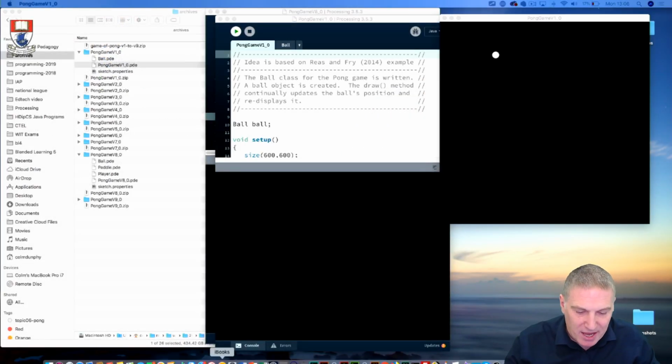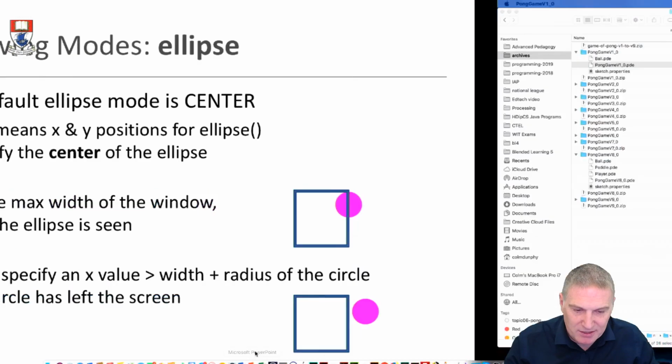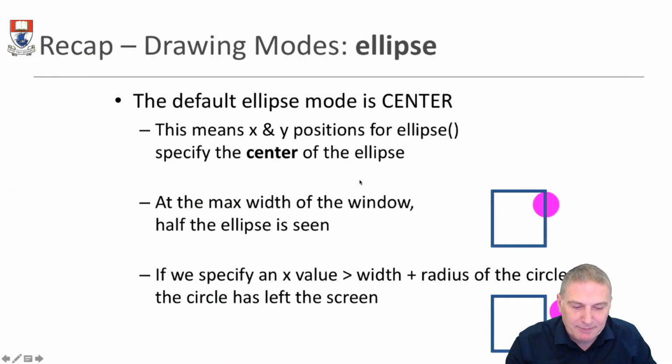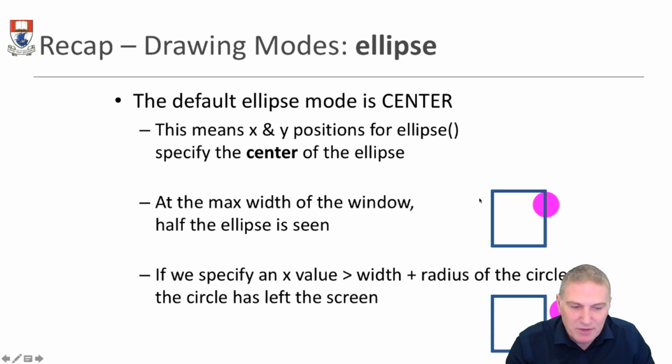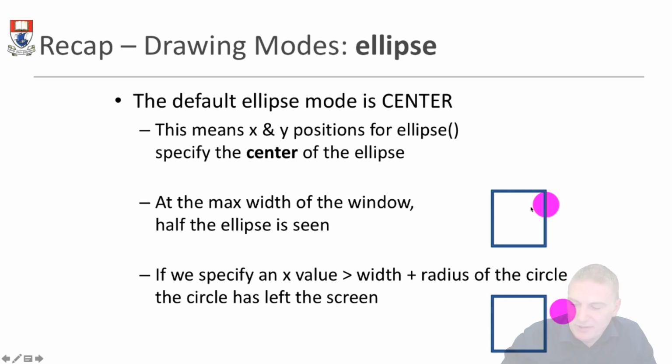Well, let's switch back. Get you back to here. Right. So the point about what I was showing you here is that we were saying center means when you're drawing a circle, it's going to give you the x and y that you specify. In drawing an ellipse, that specifies the center of the circle.